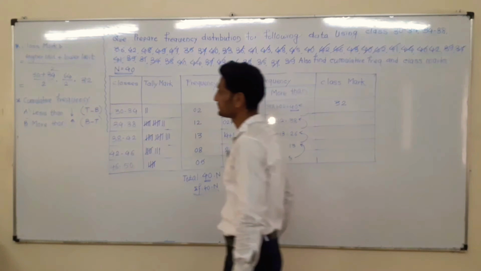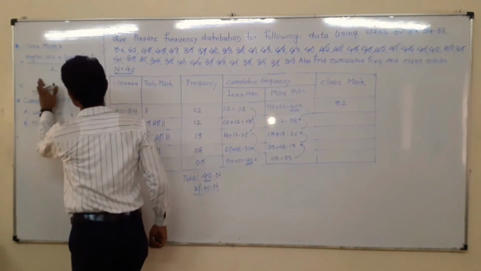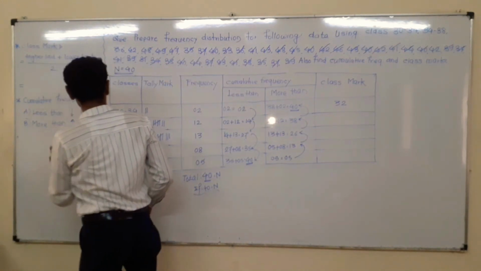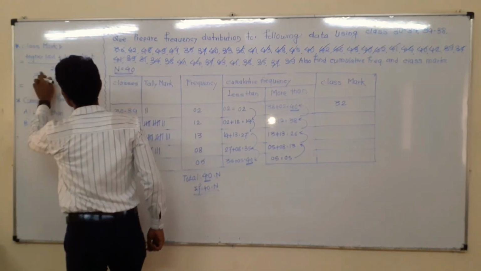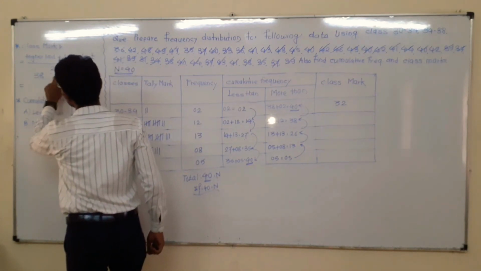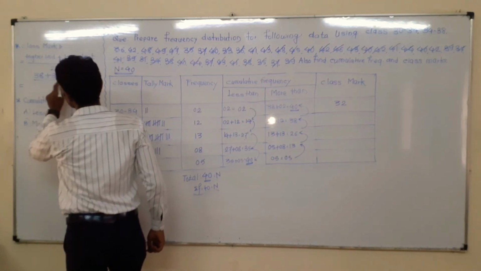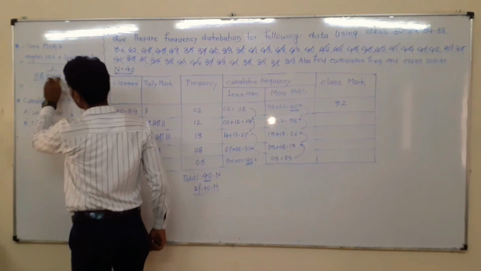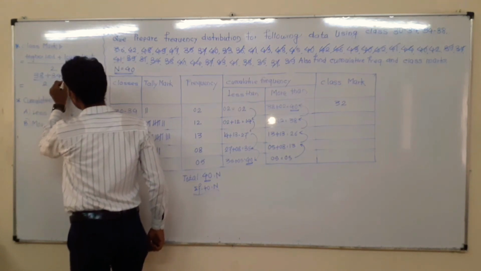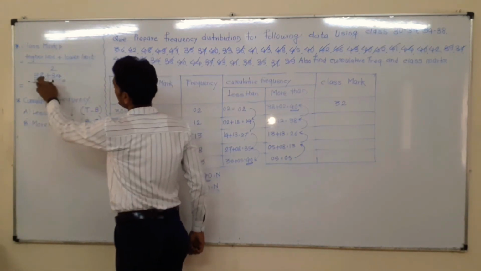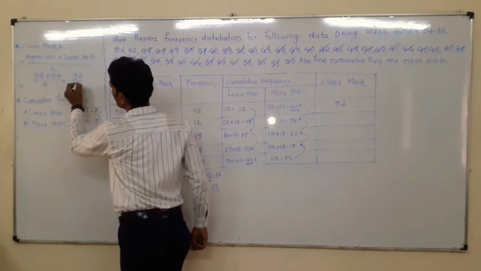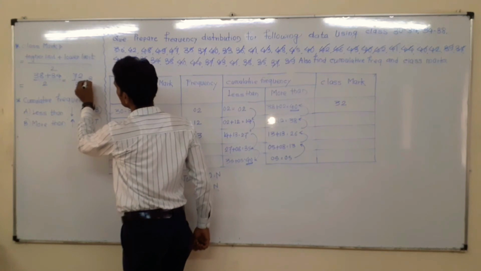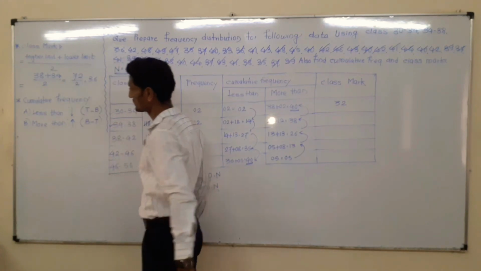Now next, for this class, 38 is higher limit and 34 is lower limit, and by 2 the addition is 72 by 2 is equal to 36.